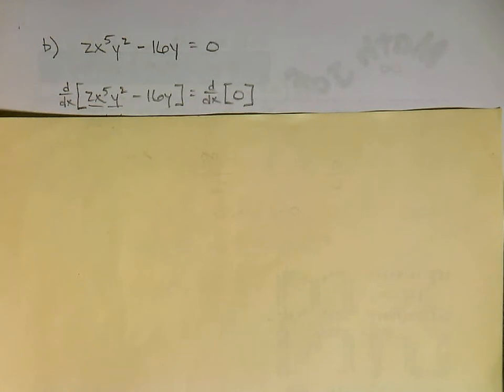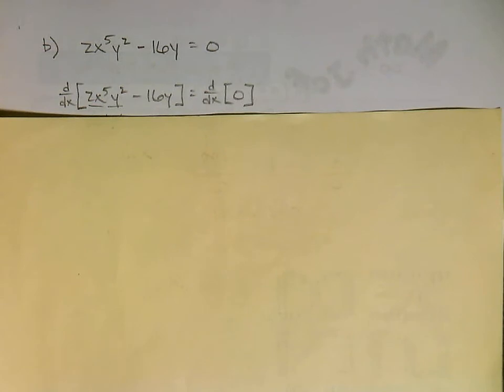Now, how is this one a step up in difficulty from what we've been doing? Take a look at that very first term, 2x to the fifth y squared. Something's going on there that's easy to miss: we are multiplying 2x to the 5th and y squared. That's a product.